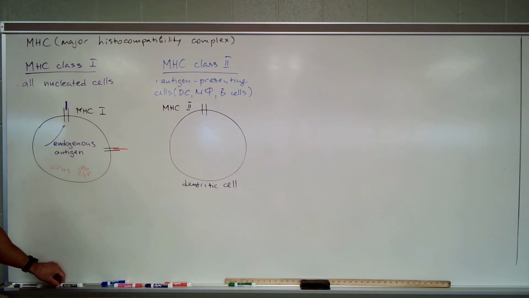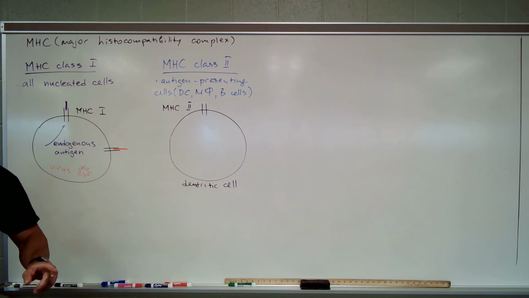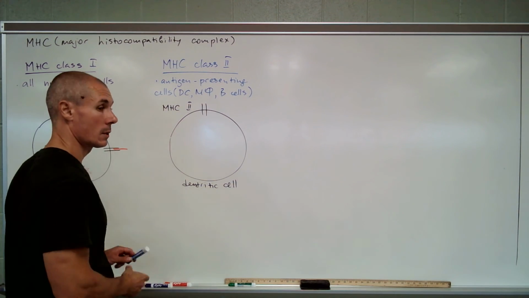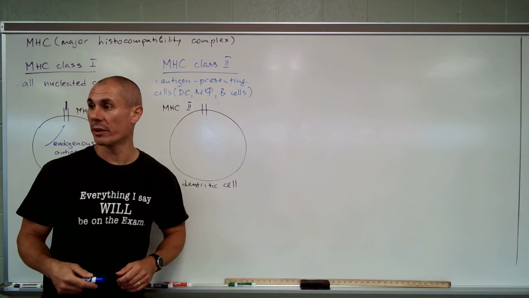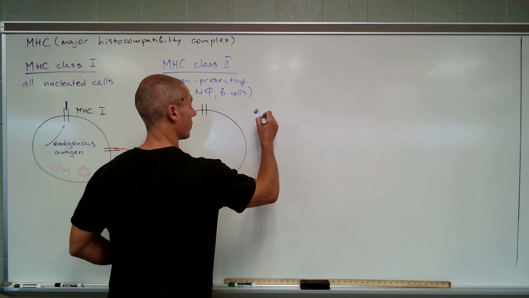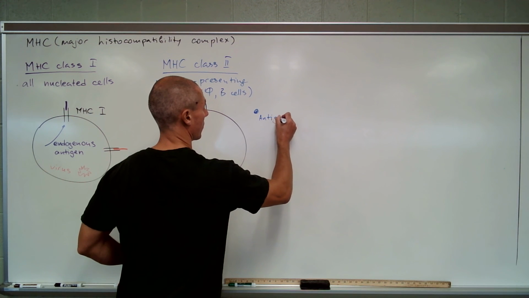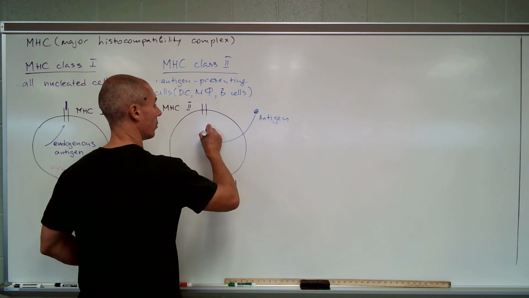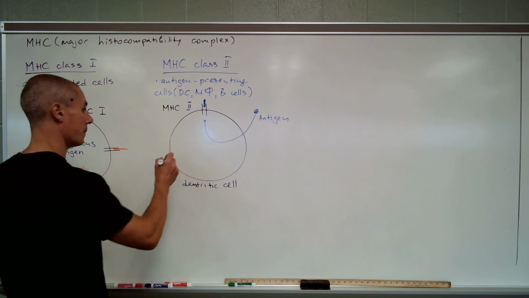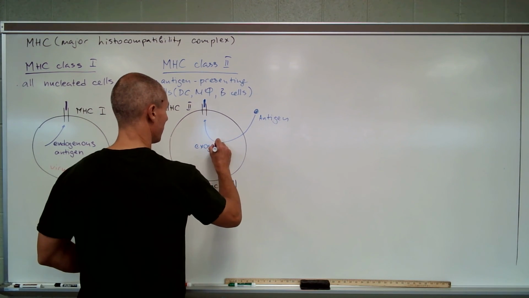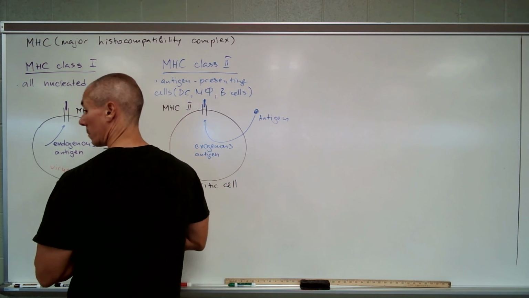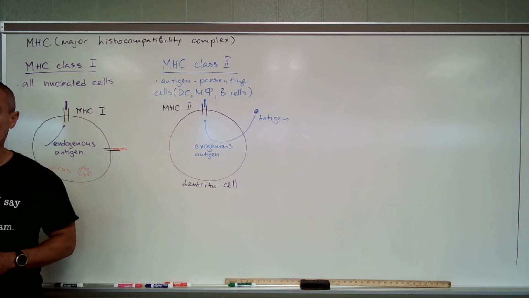The dendritic cell, basically a glorified macrophage, takes the antigen from the outside, breaks it down, and presents it on its surface. Call it exogenous antigen.